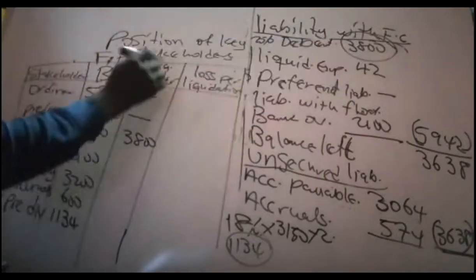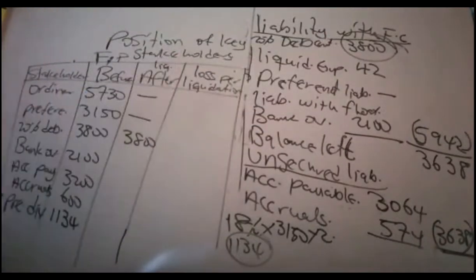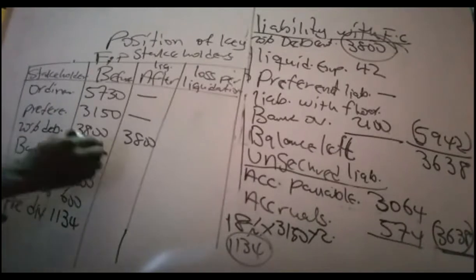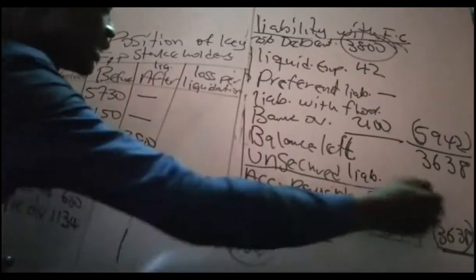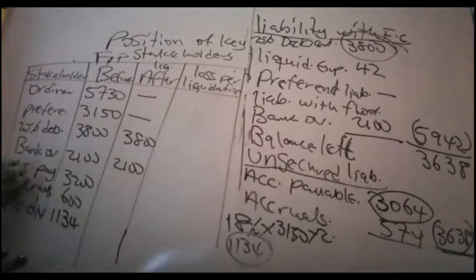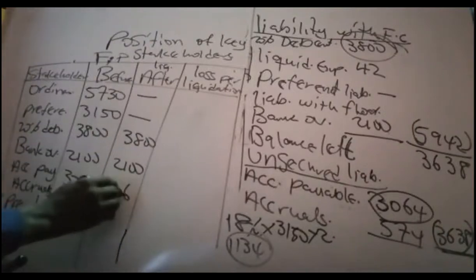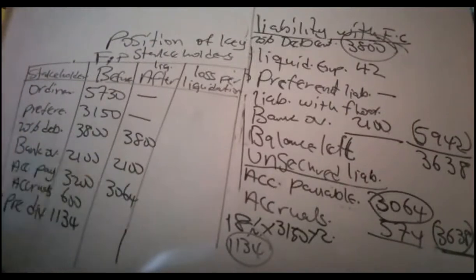So these figures are coming from the liquidation. Whatever you are giving them, come and write it here. Bank overdraft, how much are you giving them? They had their money intact. Account payable, we give them 3064 instead of their 3,200.